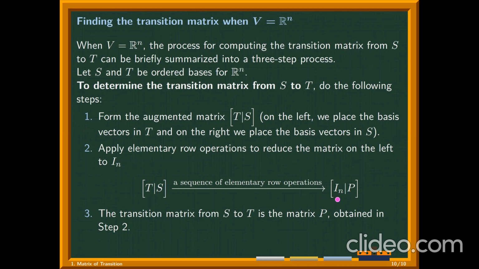So when the matrix is already in RREF, the matrix on the right, say P, will be the desired transition matrix from S to T.